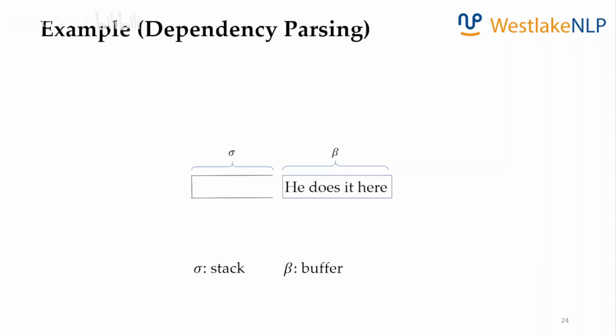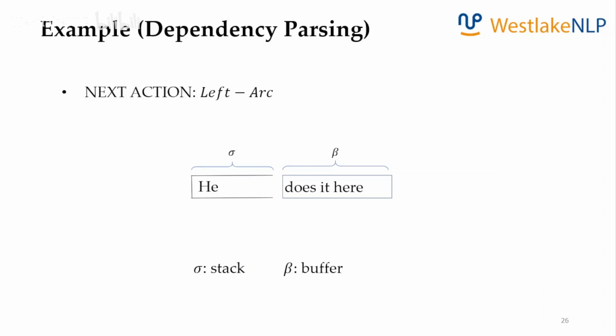Now suppose that the input is "he does it here". As the start state, we put every word onto the buffer, and we have an empty stack. And then we define a sequence of actions, which I do not detail right now, but I'll specify later. The first action shifts the first word onto the stack. So "he" is on the stack.